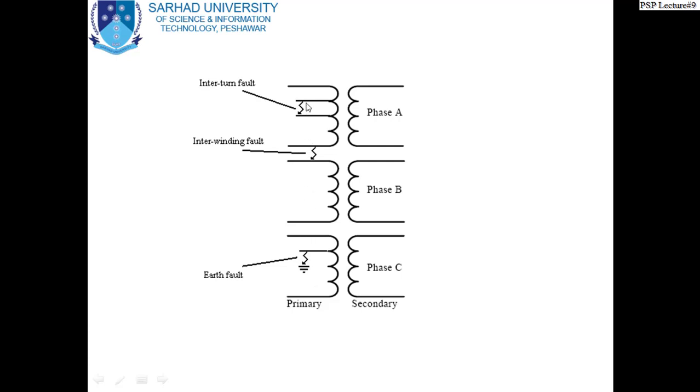You see in the first, we have the inter-turn fault. This is a fault between the two turns. The second one is the interwinding fault. And the third one is the earth fault.